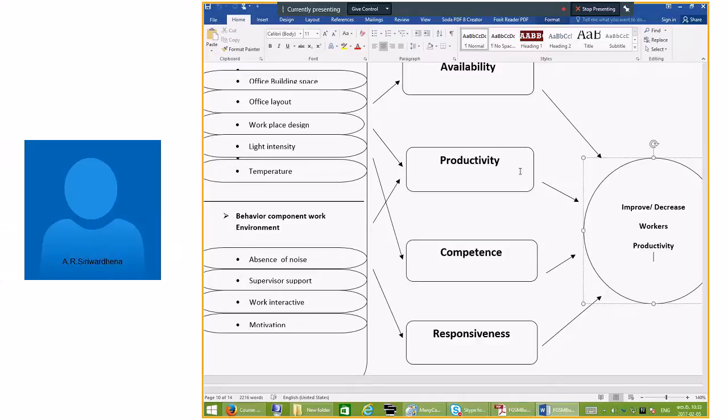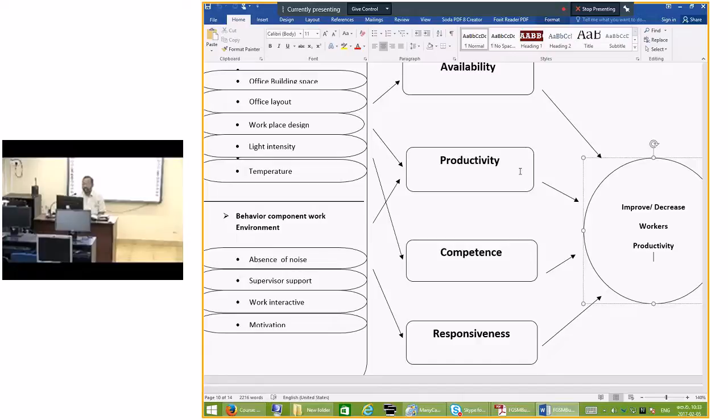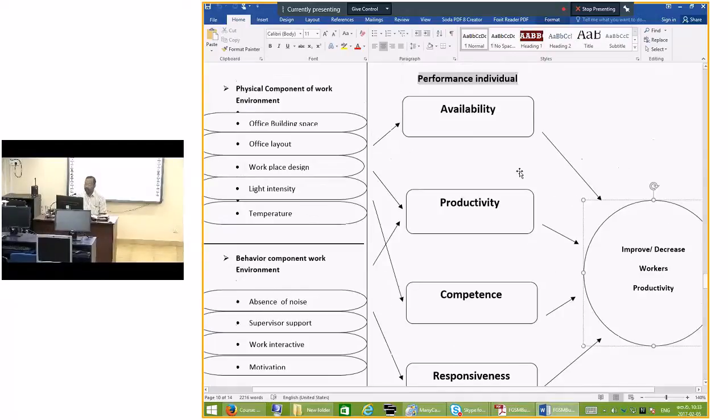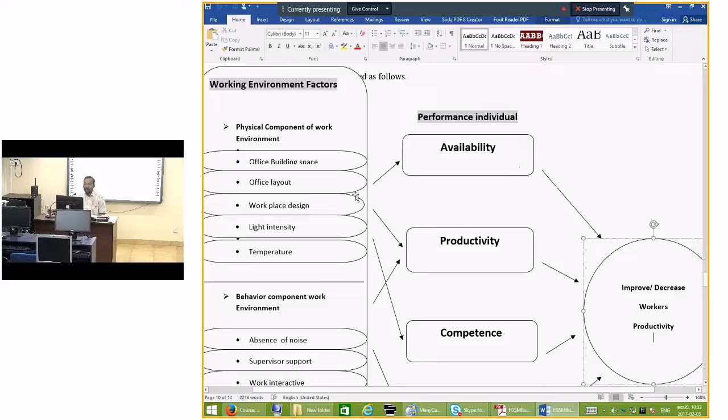Here, as productivity, I would like to find out how far their targets have been met. Very simply, I say, now for the physical component of the work environment, you see, building space is there, office layout is there, workplace design is there, light intensity is there, temperature is there at our People's Bank Kalaniya branch.